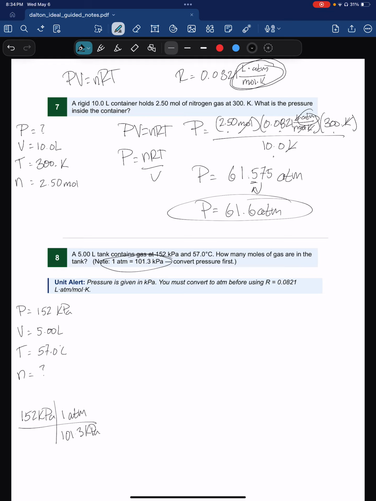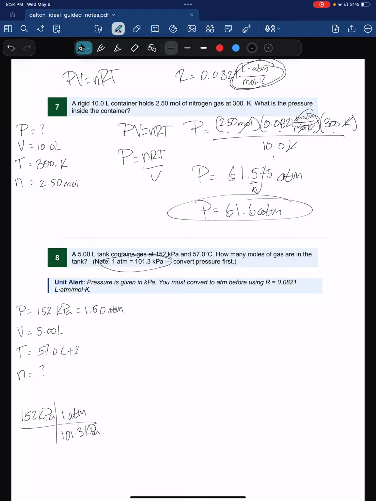And I'll get 1.5. Let's see, 3 sig figs and 4 sig figs, 1.50. Why does it keep doing that? I feel like an old man with my technology. 1.50 atmospheres.